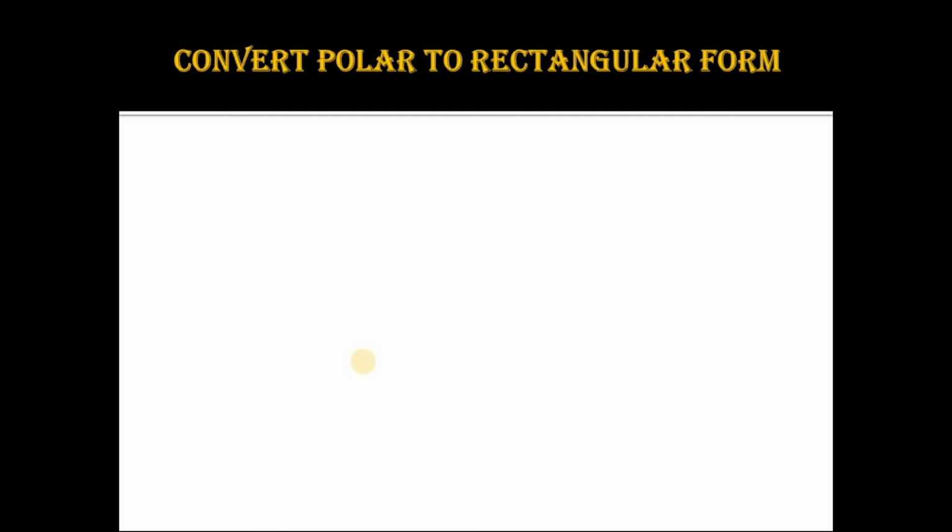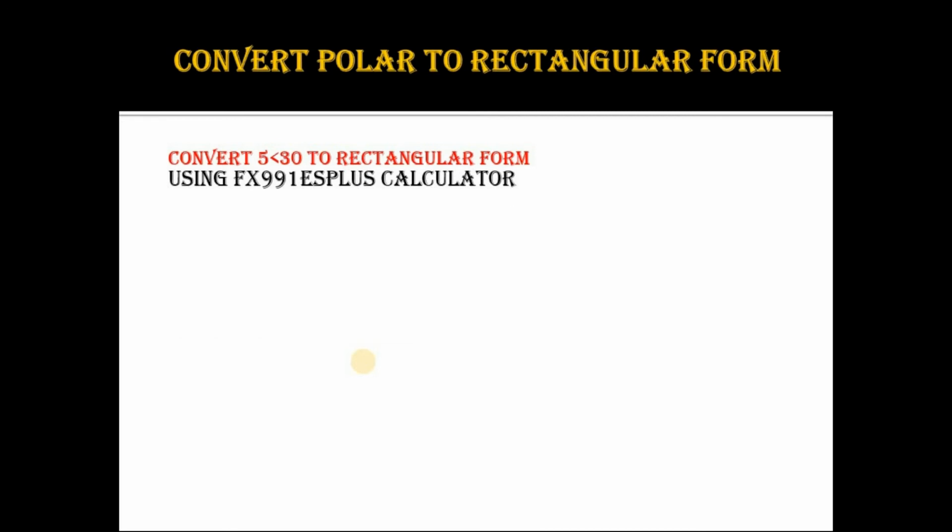So now take your calculator and try it once by yourself. Do the conversion 5 angle 30 to rectangular form. We can do it step by step. Take your calculator. I am explaining it for the FX991 ES Plus calculator. So what is the first step?